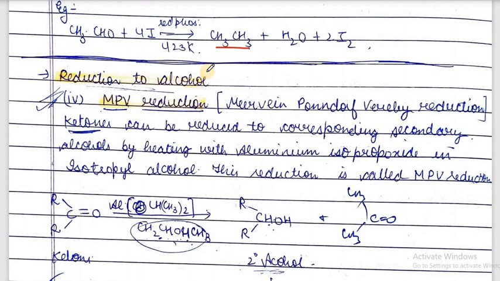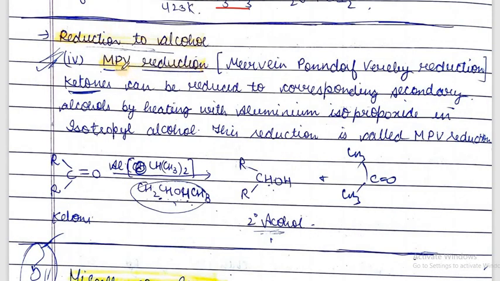And then the reduction to alcohols can also be done with one reagent, that is MPV reduction, the Meerwein-Ponndorf-Verley reduction. It is used for ketones only. These ketones are treated with isopropyl alcohol in the presence of aluminium isopropoxide, and then we get secondary alcohols.